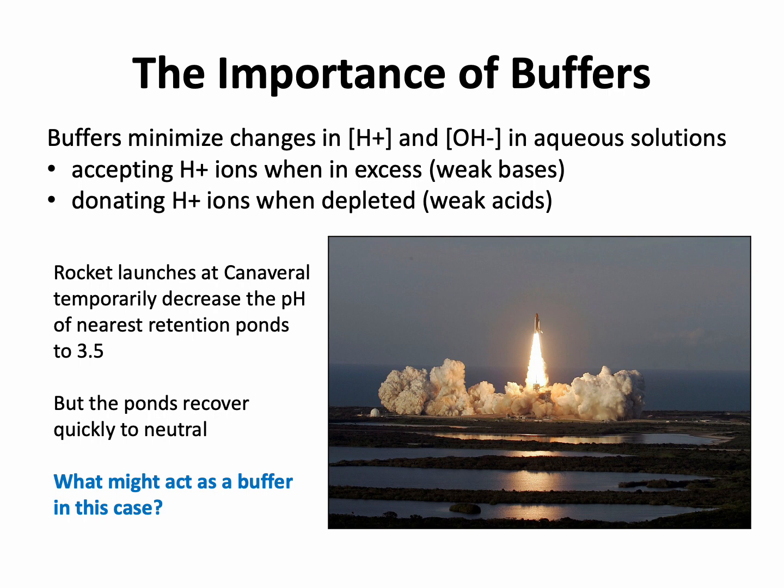They help to minimize the changes that you see with pH. So a weak base would accept hydrogen protons, a weak acid would donate hydrogen protons, right? And they act as buffers when the environment's getting too acidic, they help to bring it back by binding up a lot of those free protons.